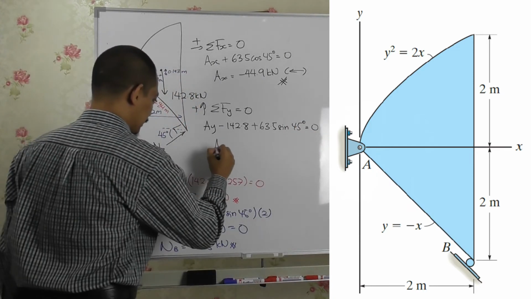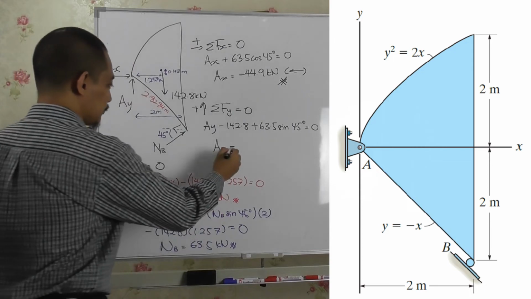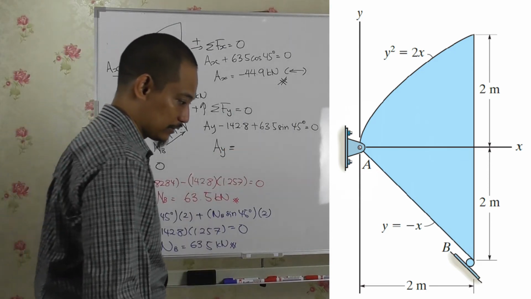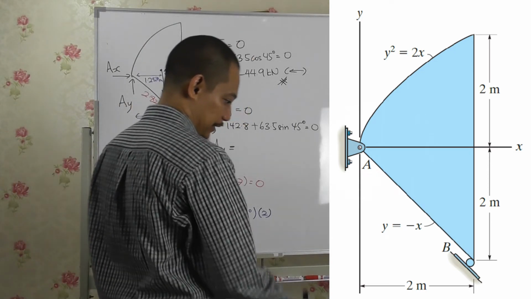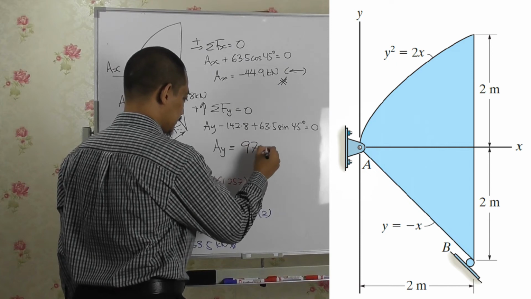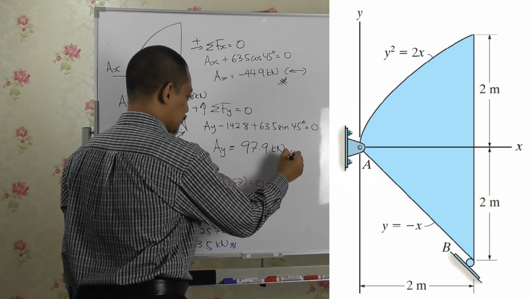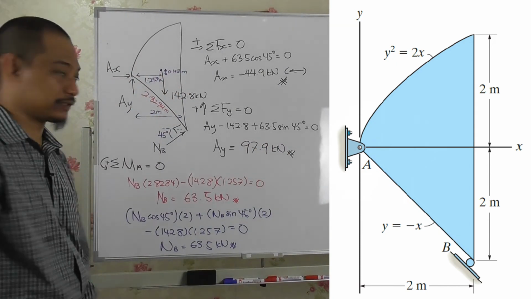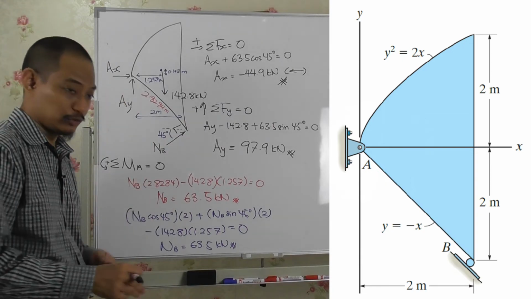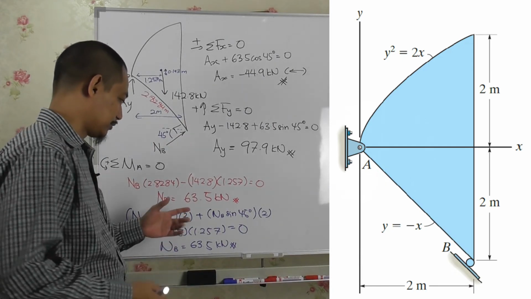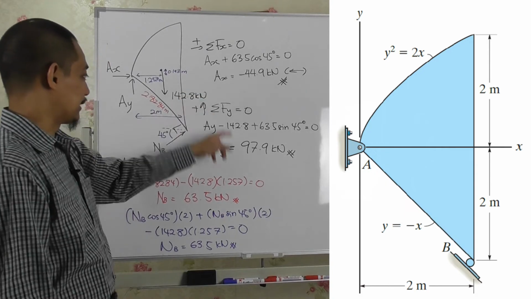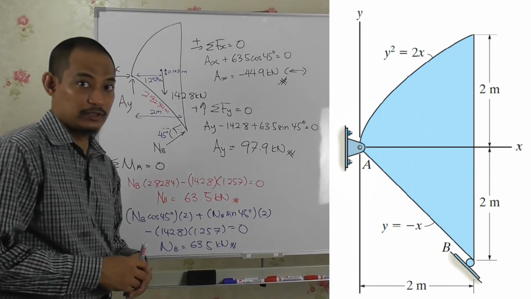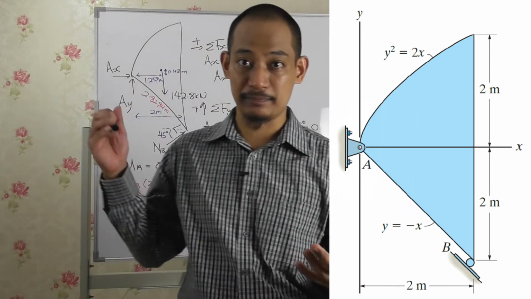So from here you can calculate Ay, and you'll get 97.9. Meaning that the assumed direction is correct, it is upwards. So there you go, you'll have the normal reaction, Ax and Ay. So that's how you solve the problem.